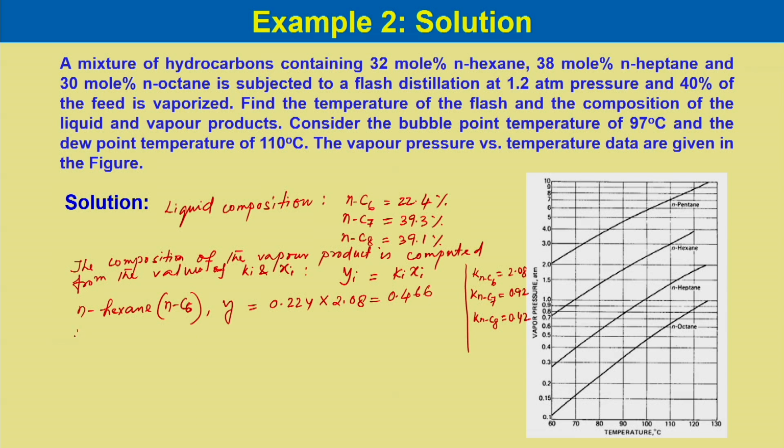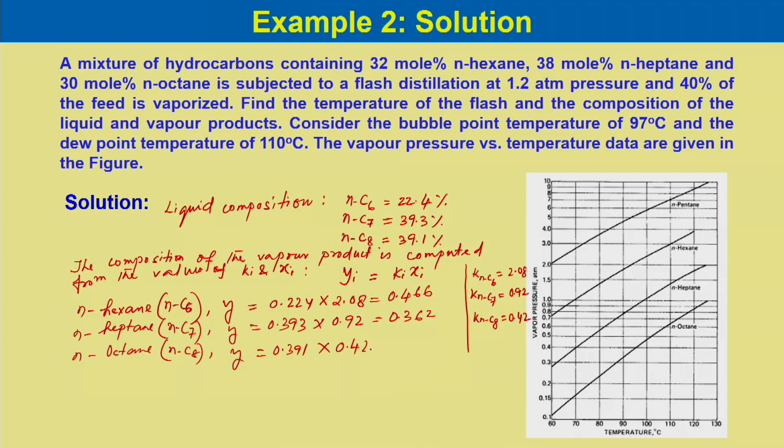So, this would be equal to 0.466. Then n-heptane, that is nC7, is equal to 0.393 into 0.92, which is equal to 0.362, and n-octane would be equal to 0.391 into 0.42, which is equal to 0.164.